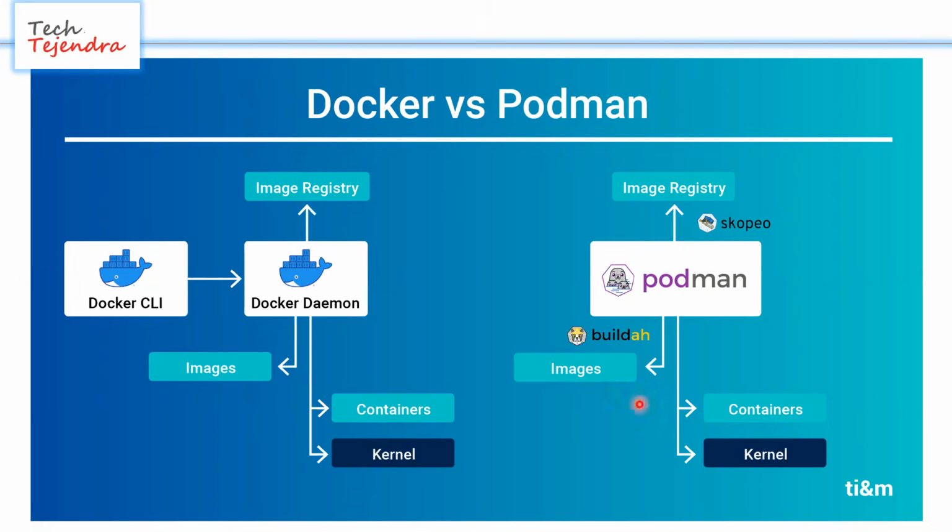And the basic difference is that once we run Docker, it first creates a Docker daemon, and then everything is executed through the Docker daemon. Instead, Podman does not have any daemon.